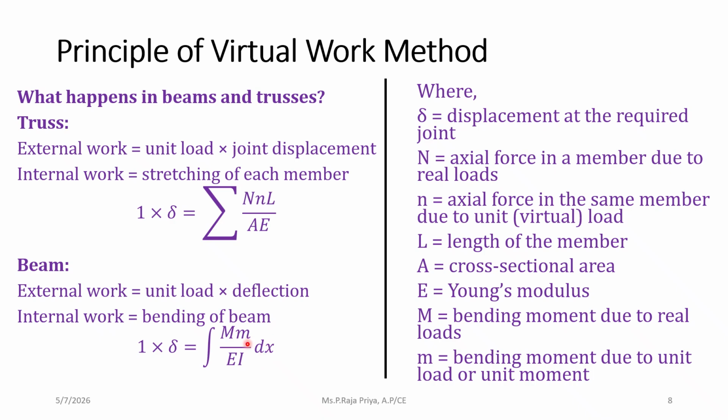This small m is the bending moment due to the unit load, and this capital M is the bending moment due to the real load. So this is how we find the deflection using the virtual work method in case of truss as well as in beam.